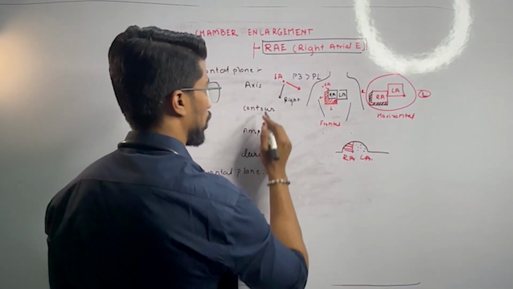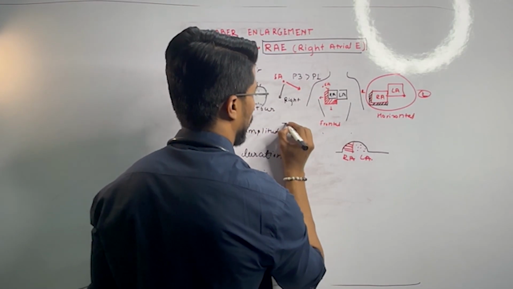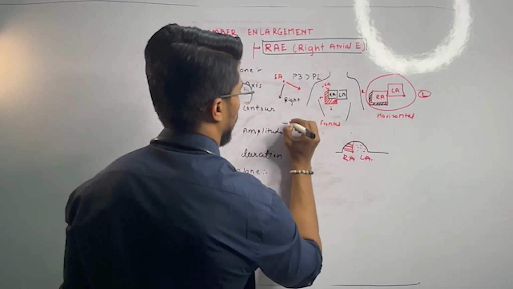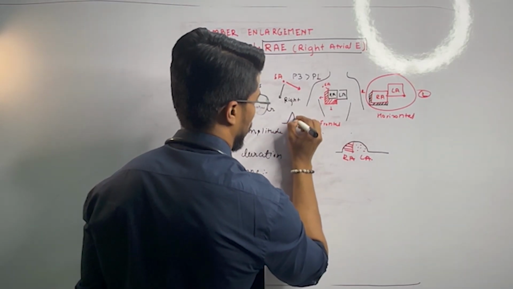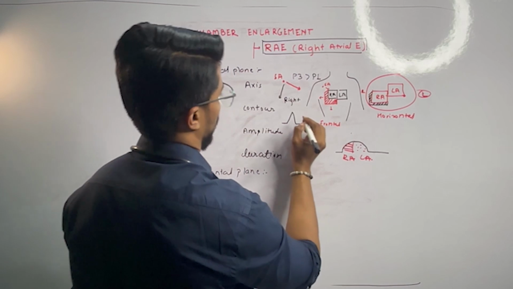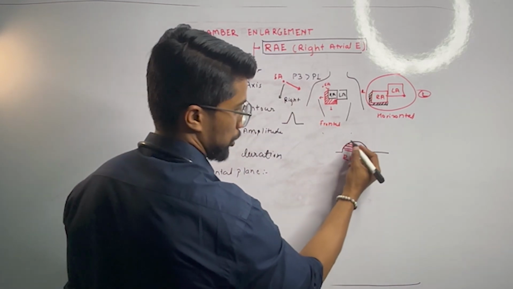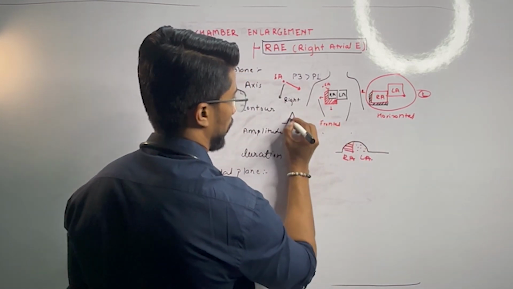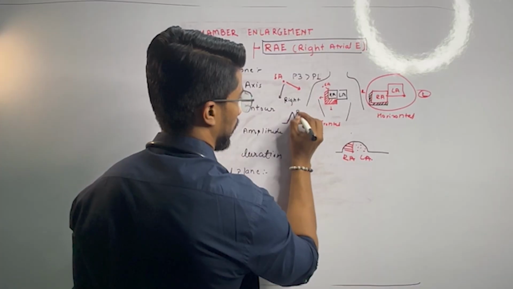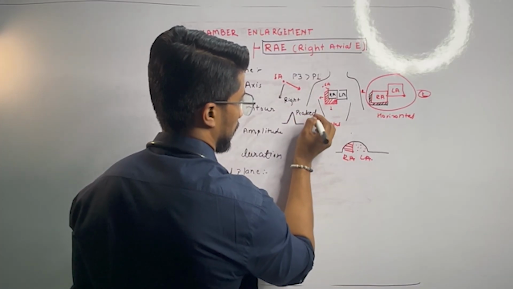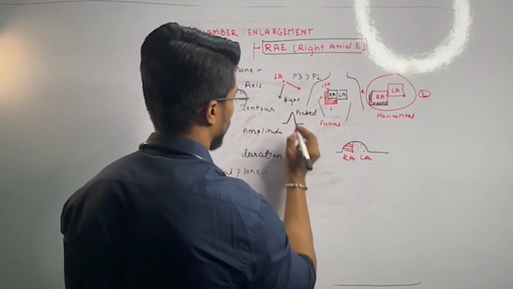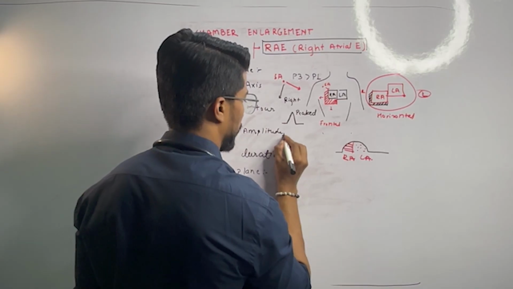Now, what happens to the contour? The contour of the P wave is a peaked P wave. The P wave, which was supposed to have a smooth, round contour, has become tall. It can be peaked or slightly peaked. What happens to the amplitude, which is very important?